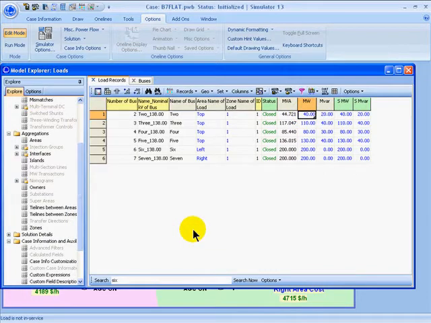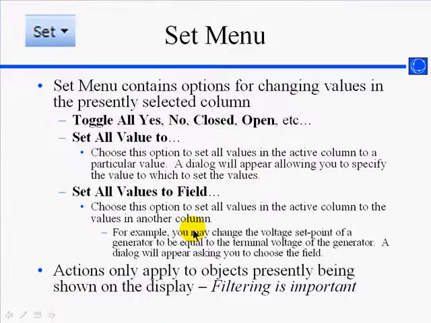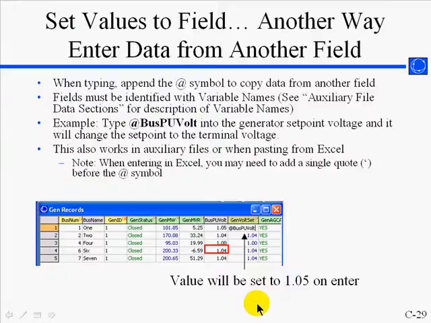And that's described here on the slides as well. And as I mentioned, the actions that you apply to the objects are only applied to those that are shown on the display. Anything that's filtered off the display will not be affected by anything that you do from the set menu.